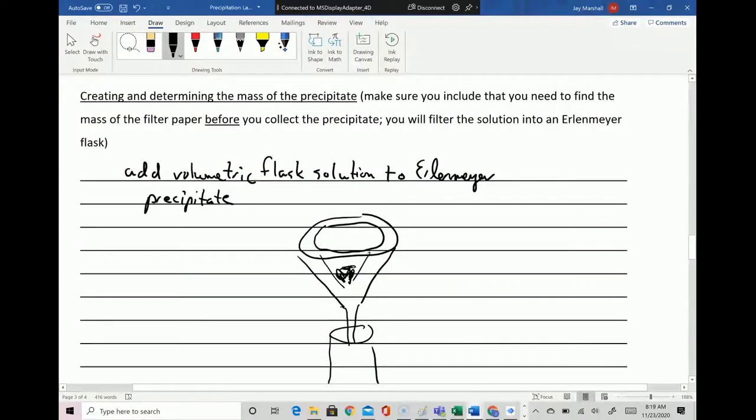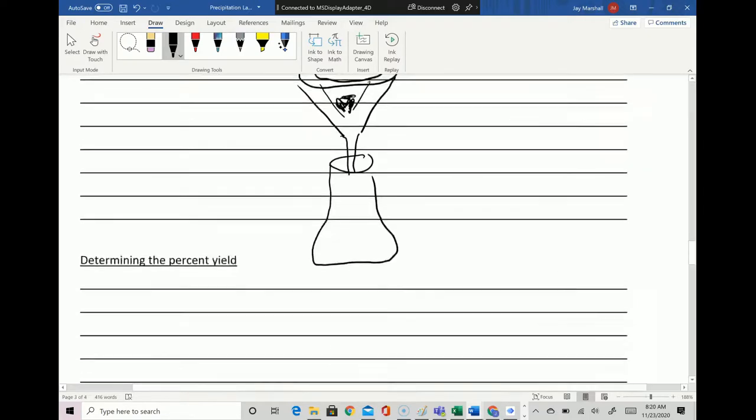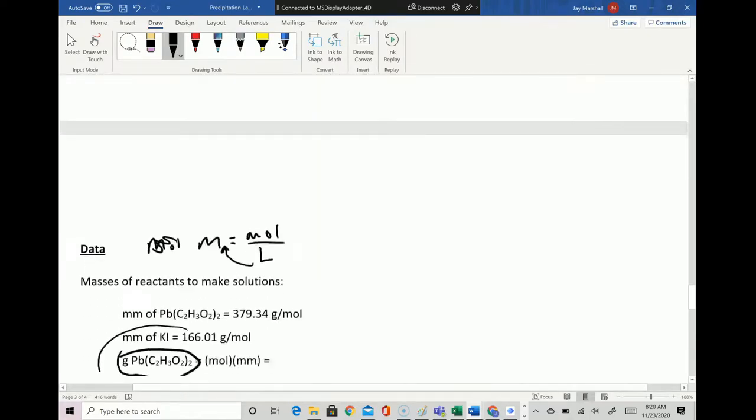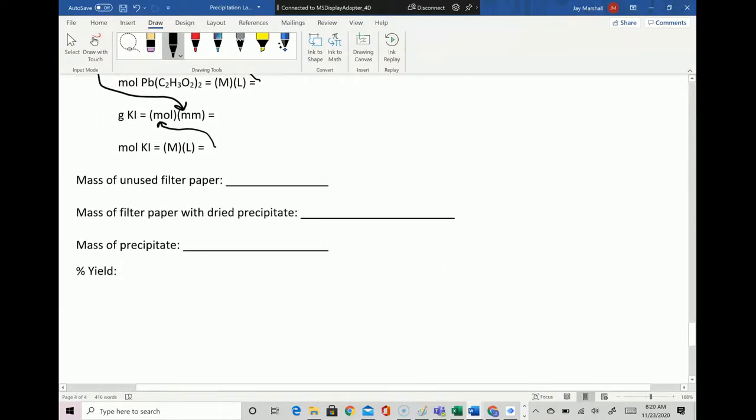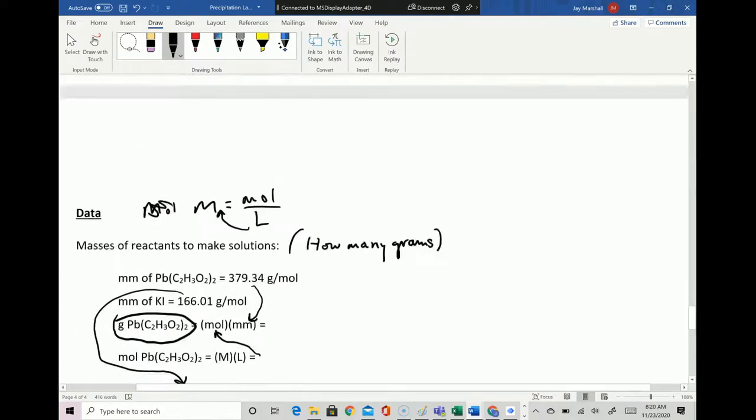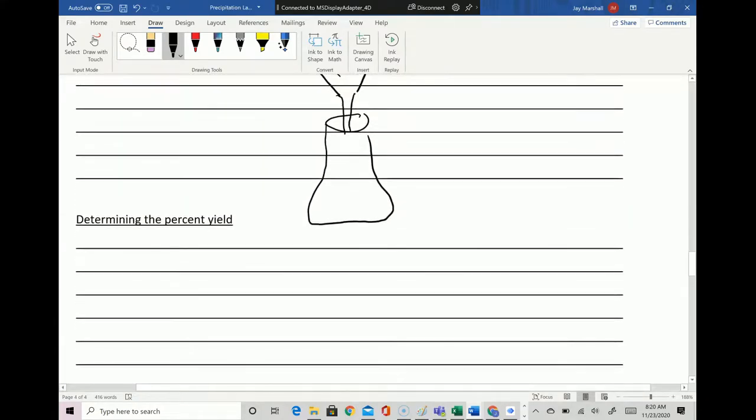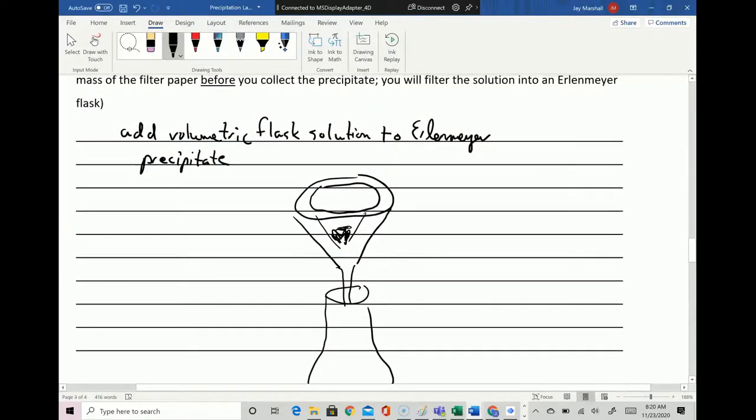Okay, so I said here, make sure you find the mass of the filter paper before you collect the precipitate. So you're going to take your piece of filter paper and take its mass and put that in the data table, mass of unused filter paper. Okay? And then you're going to take the filter paper with the wet precipitate and put it in our drying oven.